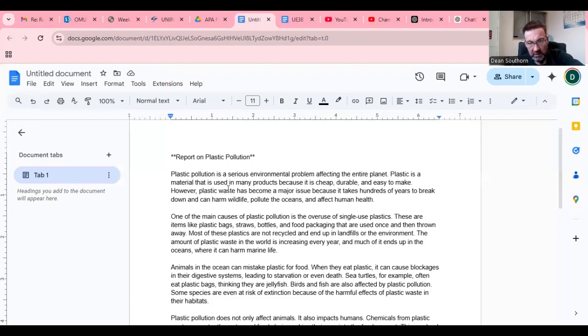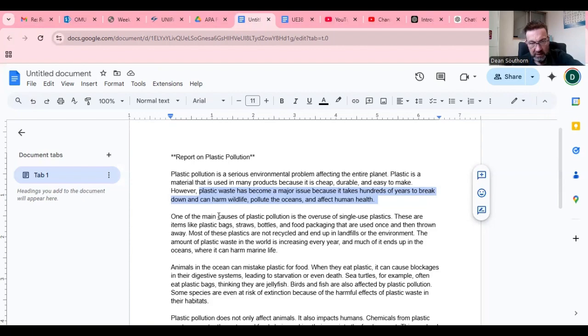Okay, so for example, this one introduced plastic pollution. Plastic pollution is a serious environmental problem. It defines what plastic is, and then it identifies it as a problem, an issue, and the reason why it takes hundreds of years to break down, can harm wildlife.